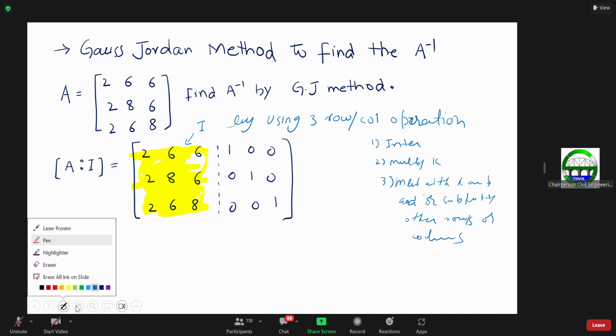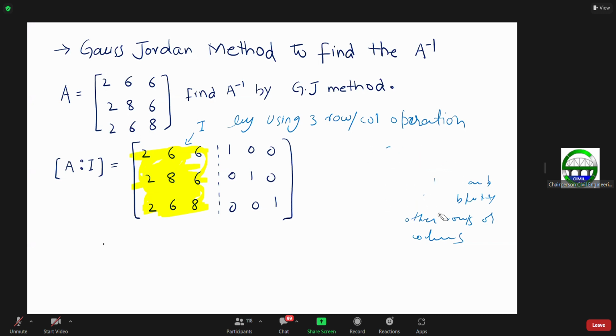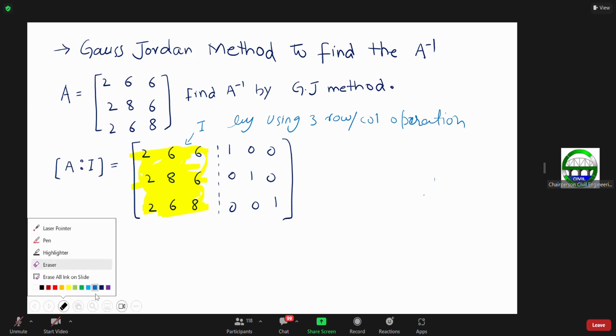Okay, so this is going to be our operation here. I will do the first move and show how you will think. My agenda is to make this 1, and this should be 0, this should be 0, this should be 0, and this should be 0. We can do all three things.